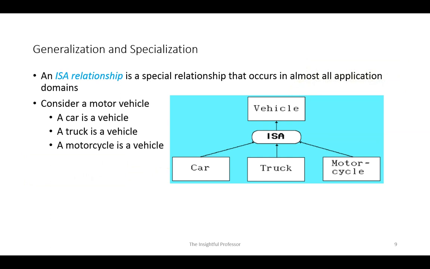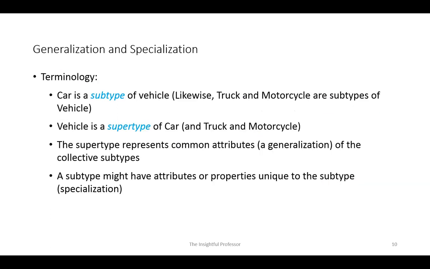A truck is a vehicle. And finally, a motorcycle is a vehicle. So the terminology says that the car is a subtype. And of course, as we mentioned, truck and motorcycle likewise are subtypes. Additionally, a vehicle is the supertype.